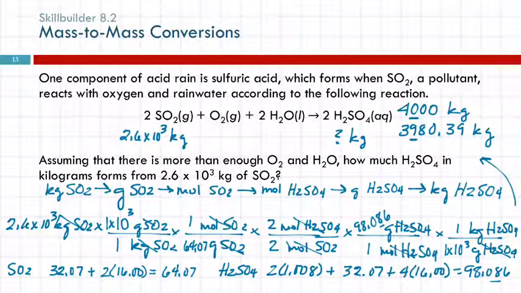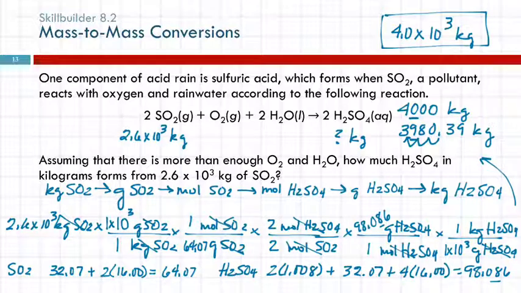If we put this in scientific notation, remove the decimal point 1, 2, 3 places over here, and it's going to be 4.0 times 10 to the 3 kilograms. In scientific notation, it's easy to indicate that this 0 is significant. These zeros are not considered significant figures, but the first one is. In decimal notation, that's tricky. So this is the best answer. Any questions?